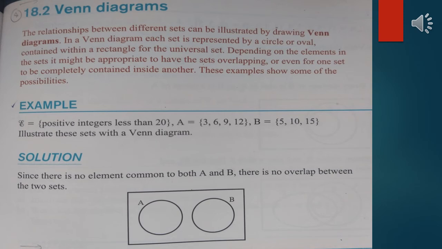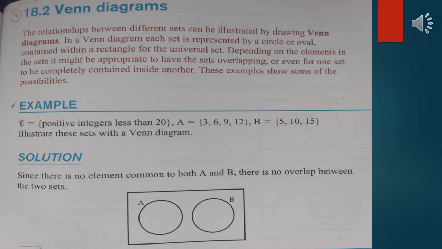The relationships between different sets can be illustrated by drawing Venn diagrams. In a Venn diagram, each set is represented by a circle or oval. If you are not able to draw a complete or accurate circle, just draw an oval.